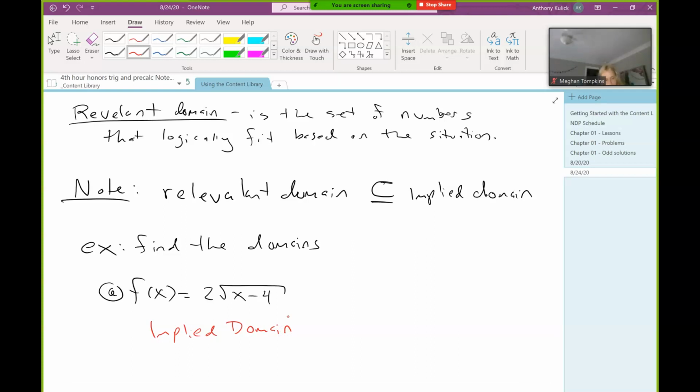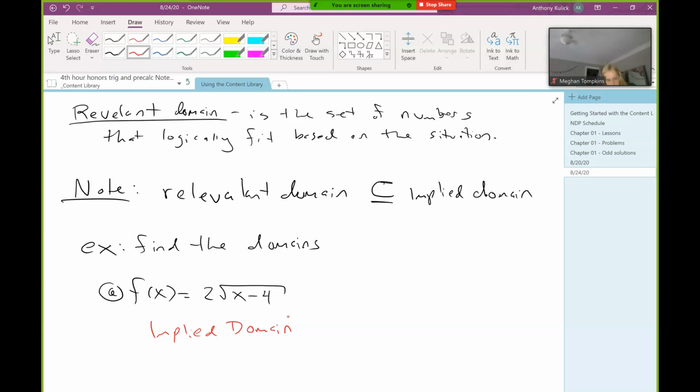In general, anything like this, where you have f of x and x, the implied domain is the real numbers. Now, can I plug any real number in for x and get a real number result to this function? What do you guys think? No, right?